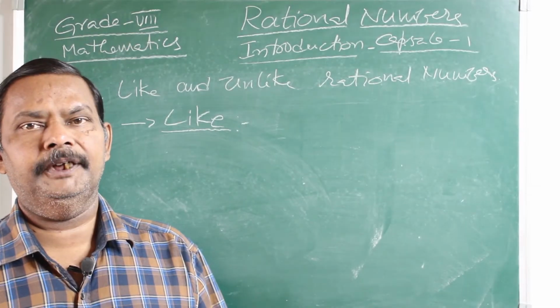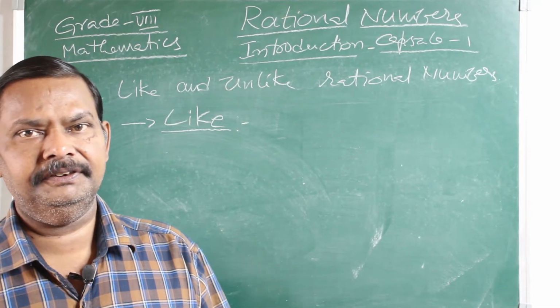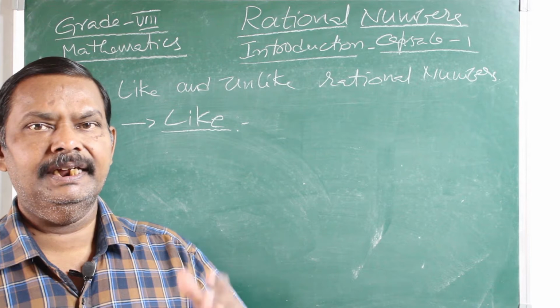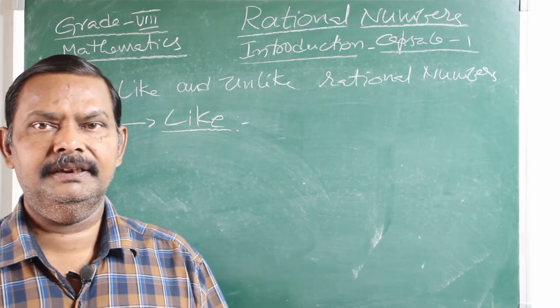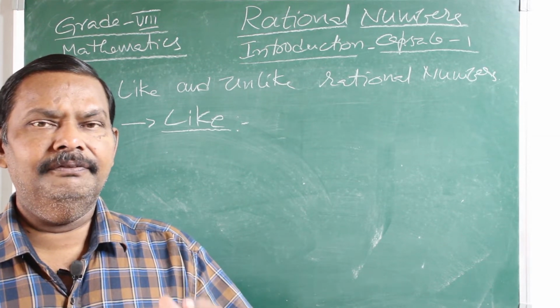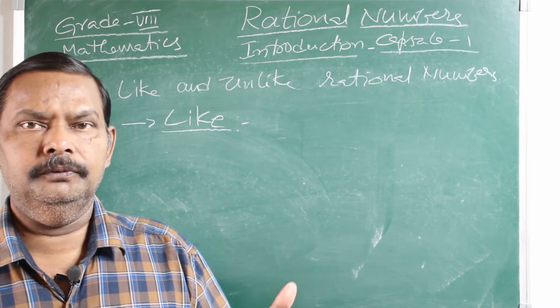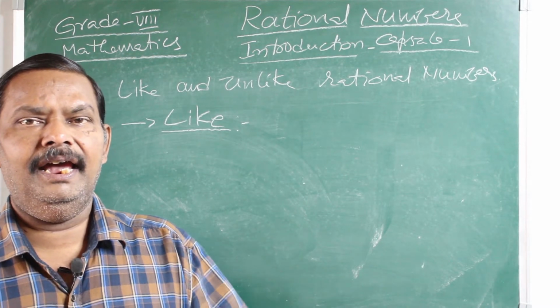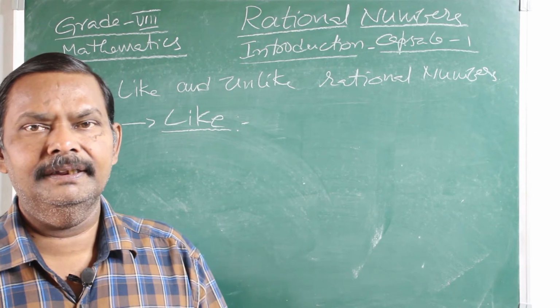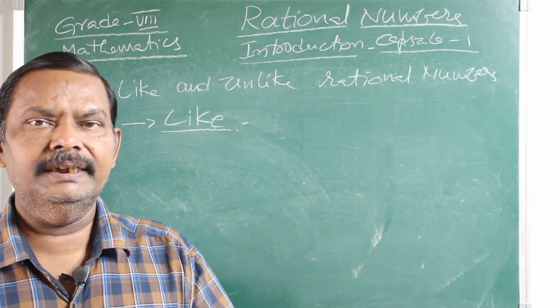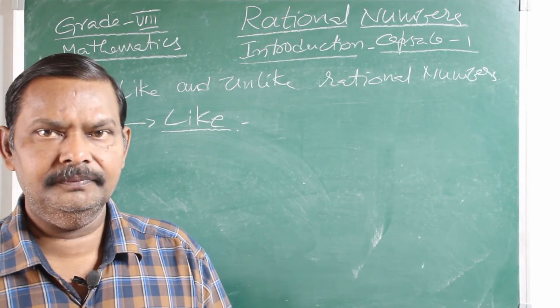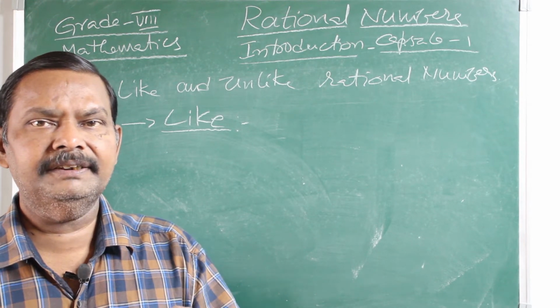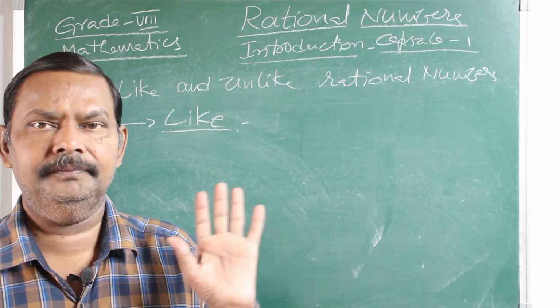After learning about the equality of fractions, now let us discuss like and unlike fractions. If two or more fractions have the same denominator, then they are called like fractions. So, like fractions have the same denominator.